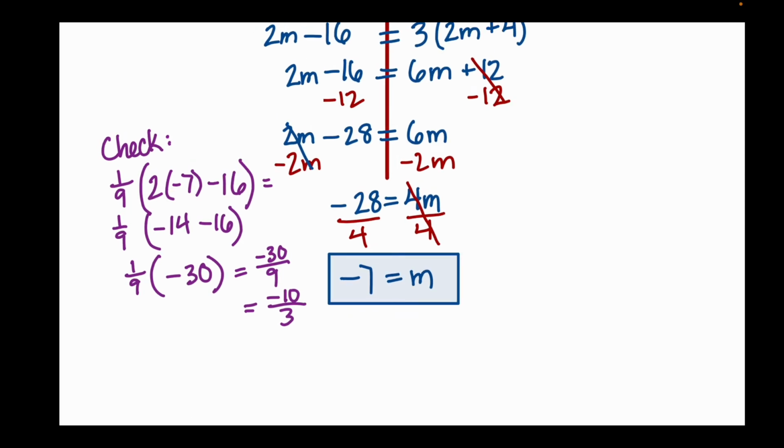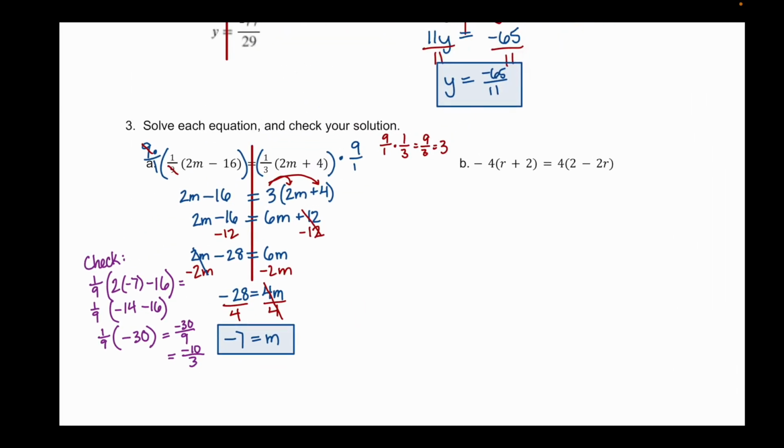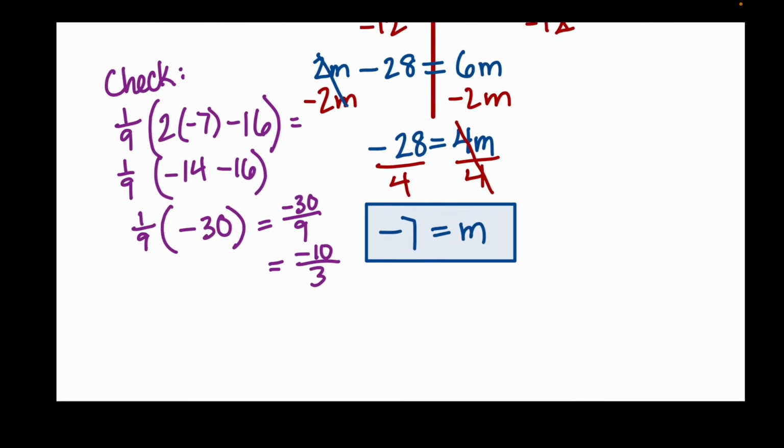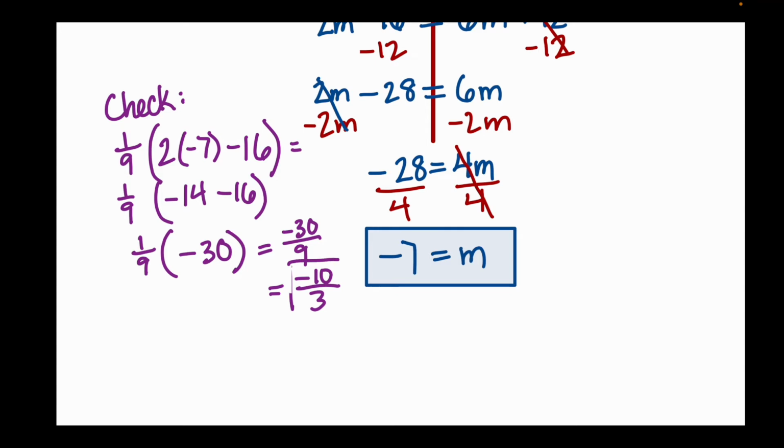So now what we want to check is the 1/3. So 1/3, 2m plus 4. Okay, so we got this answer here. We want it to end up being the same. So 1/3 times 2m plus 4, and we want to know what that equals. So this is 1/3 times negative 14 plus 4.